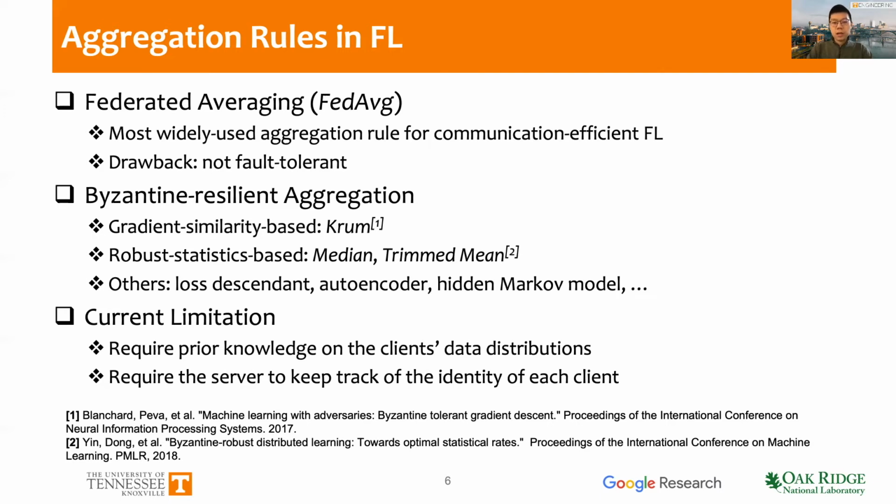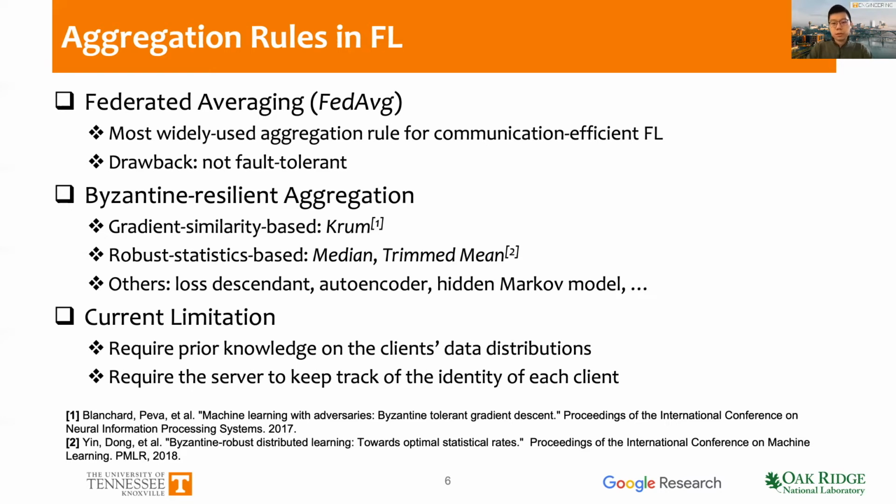Other methods attempt to detect and remove malicious clients by estimating each client's reliability through calculating the descent of the loss function, or projecting the clients' updates onto a latent space using a variational autoencoder. To defeat time-coupled attacks, existing methods relying on historical data have been proposed to adaptively estimate the quality of clients' updates using a hidden Markov model.